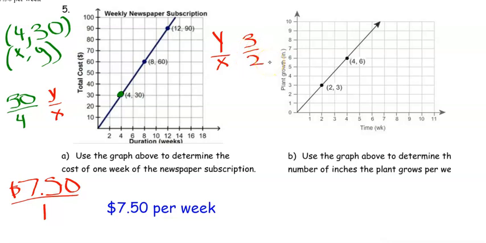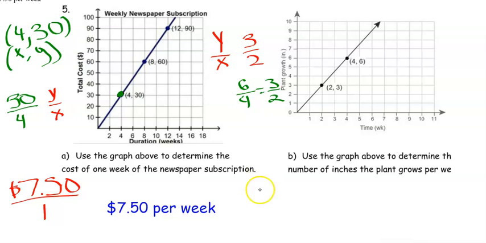Now I just want to take a look at the other one. We also had the y value as 6, the x value was 4, and if I wanted to simplify, it's also 3 over 2. So what we end up finding out is that in 2 weeks, the plant grows 3 inches, but I want to go a bit further, so let's find that unit rate.